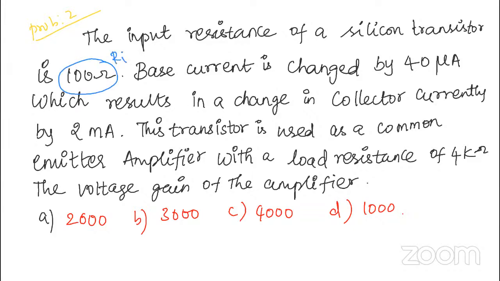Then the change in base current, delta IB, is given. Then the change in collector current, delta IC, is given.